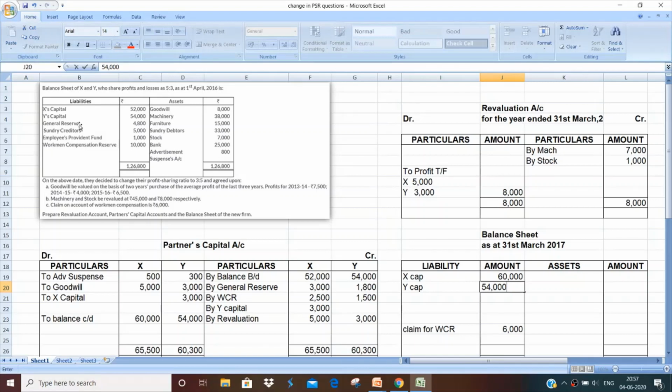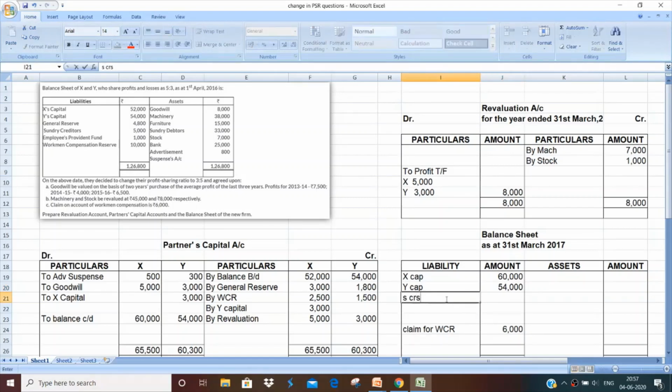Then we have sundry creditors. Now you have to check whether the value has increased or decreased. Regarding sundry creditors, no adjustment was given. Therefore, the same amount of balance will be written here.